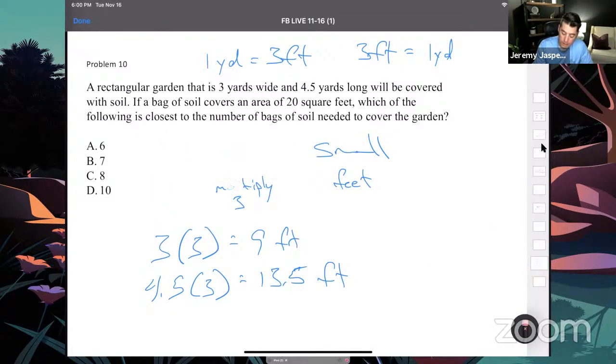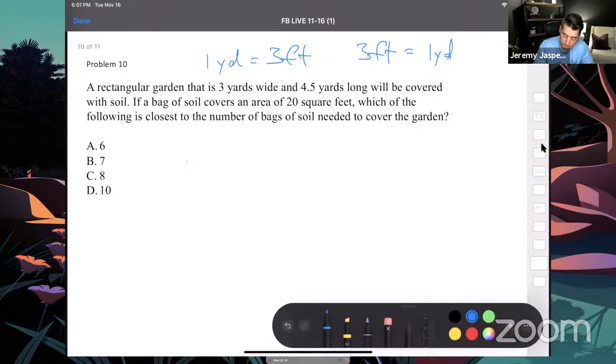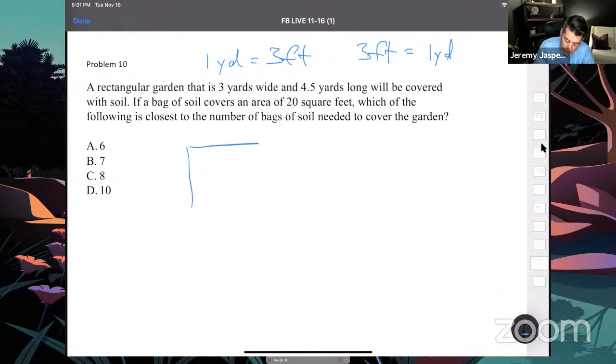Next, let's build our garden just to make sense of everything. I'm just going to erase this, and I'll rewrite it again. We've got our rectangular garden, just like this. We know that it is now 13.5 feet by 9 feet.